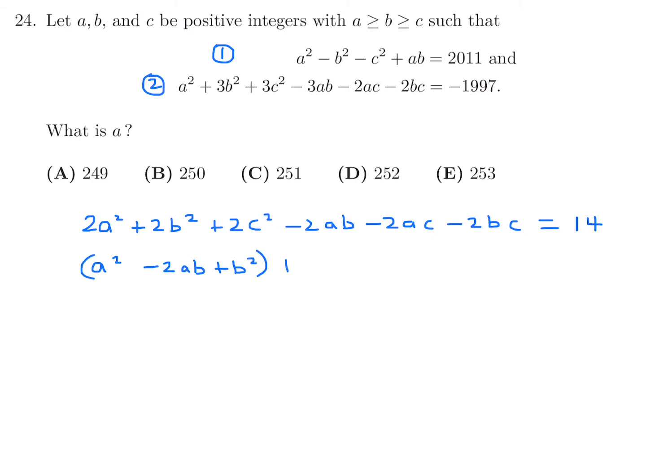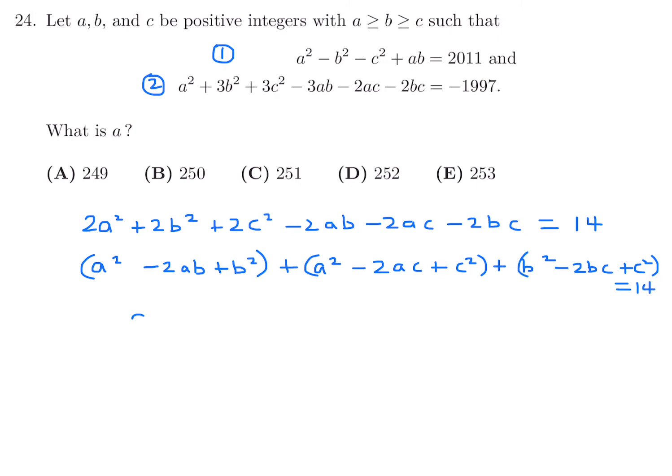That's the first grouping. The next grouping would be A squared minus 2AC plus C squared. And the third grouping would be B squared minus 2BC plus C squared. And of course, all that is equal to 14.